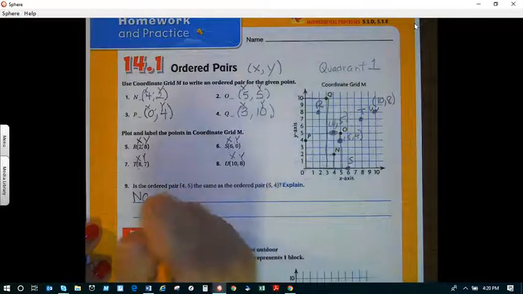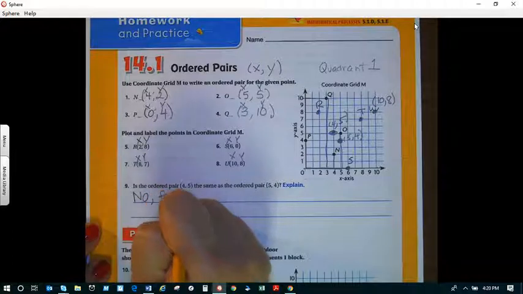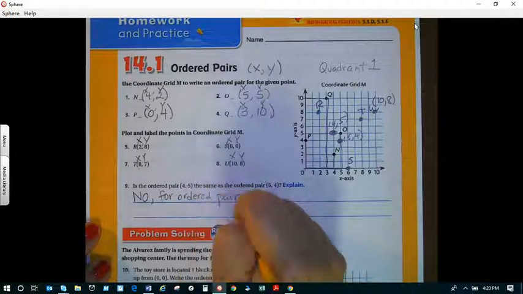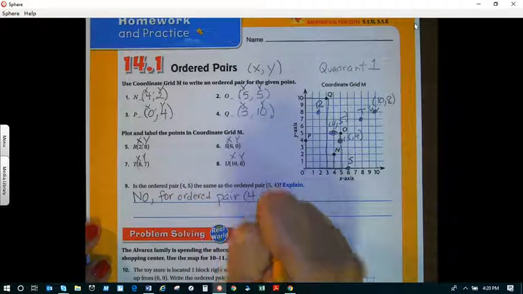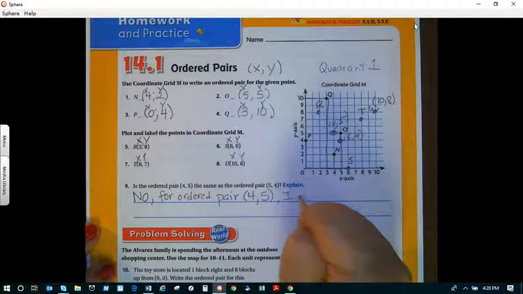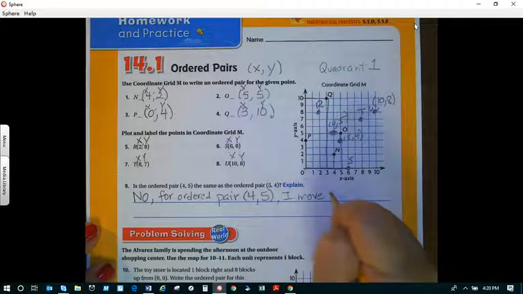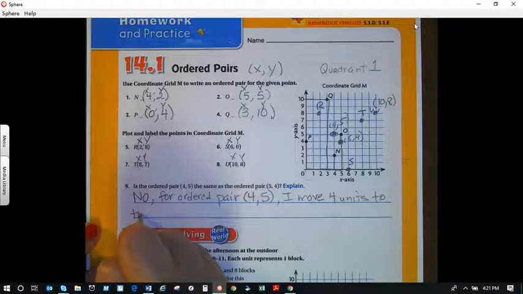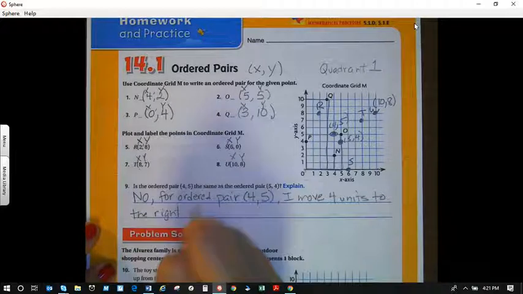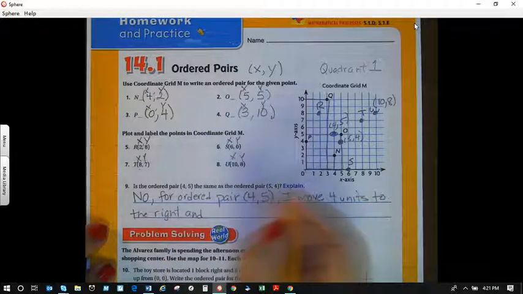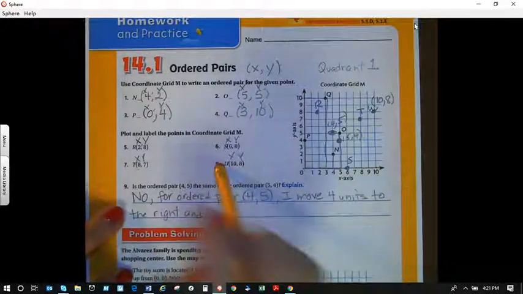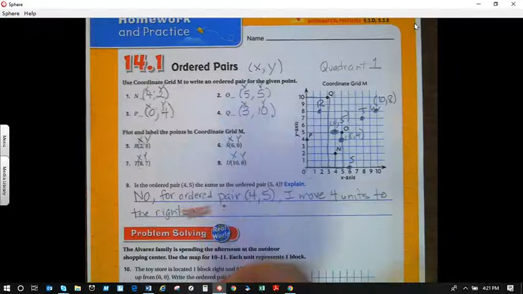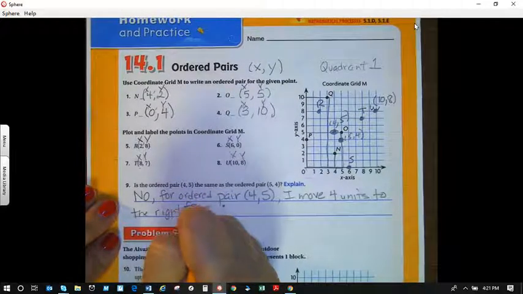So, no, for ordered pair 4, 5, I move 4 units to the right from the point of origin.